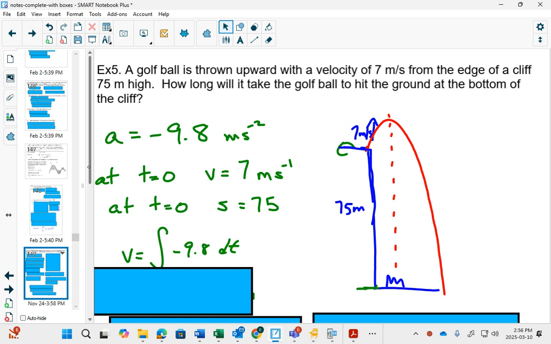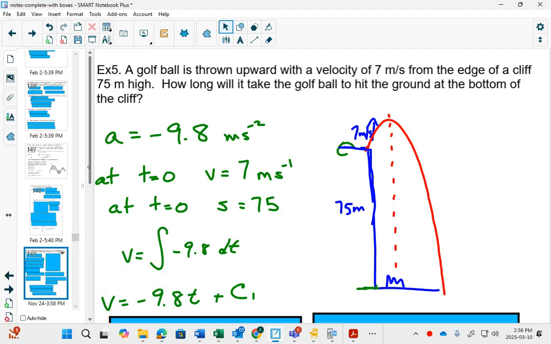If I integrate my wonderful equation for gravity, I get a velocity equation with a plus c. This time I went with C1. Kind of foreboding that there will probably be a C2 in this question.